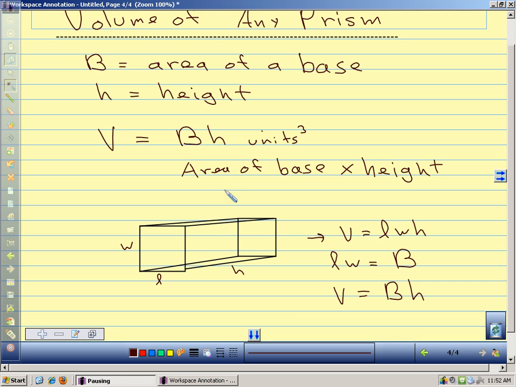Did I change the number of books that make up my prism? No. So the volume is still 4 books. The volume of this prism is the area of the base times the height, and the volume of this prism is still the area of the base times the height. So that's why this formula works for any prism. That idea of slanting your prism is called Cavalieri's principle. He's the one that figured it out.